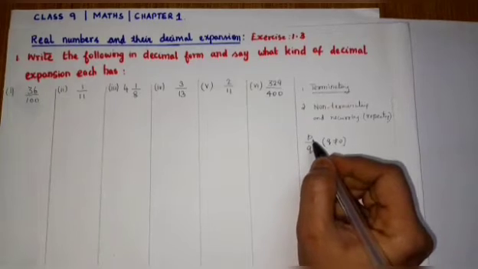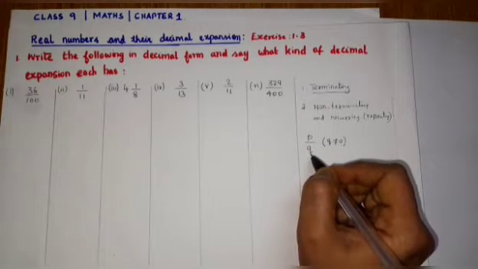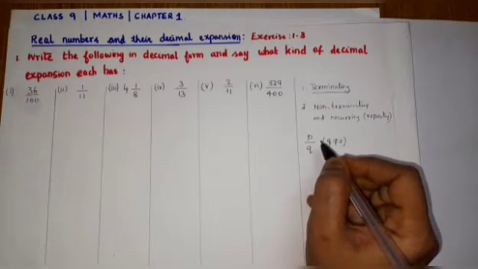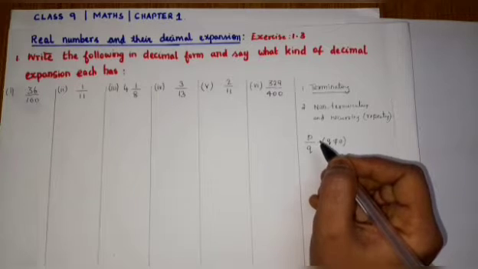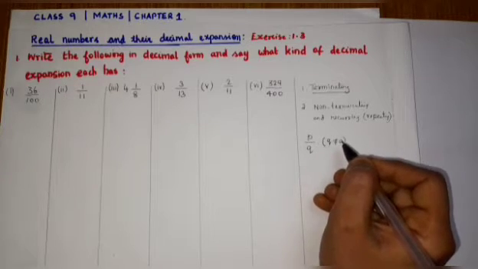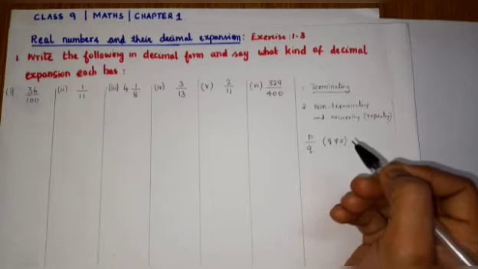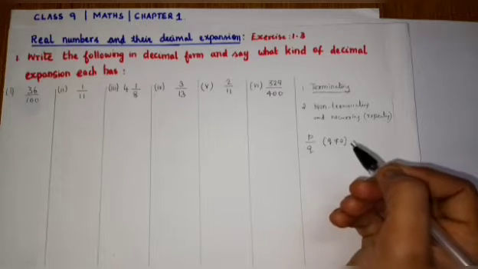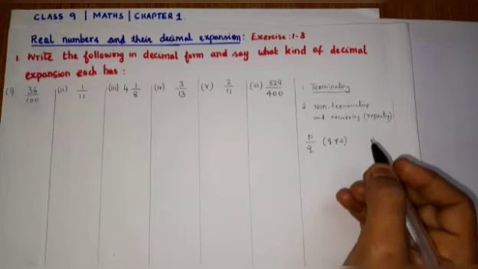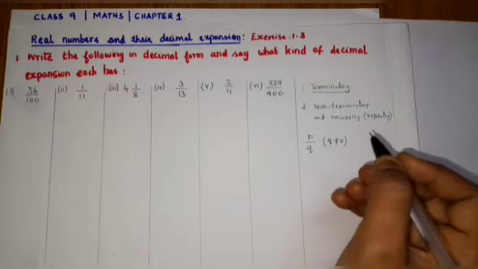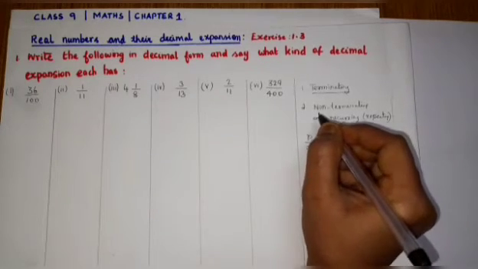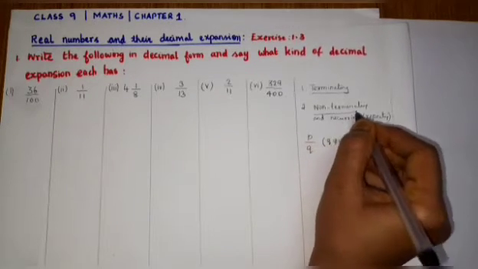If you divide a number P by Q, if the remainder never becomes 0 and the quotient goes on having numbers, then that number is said to be non-terminating.